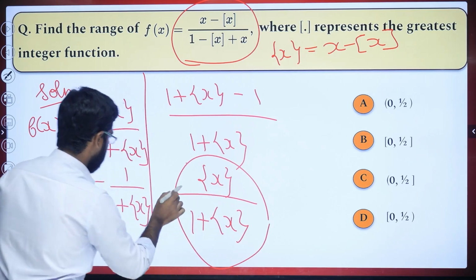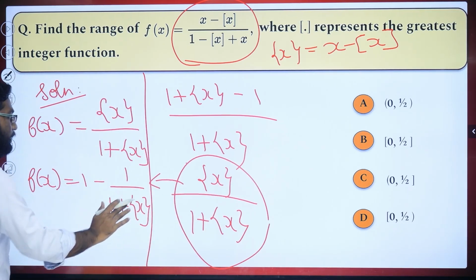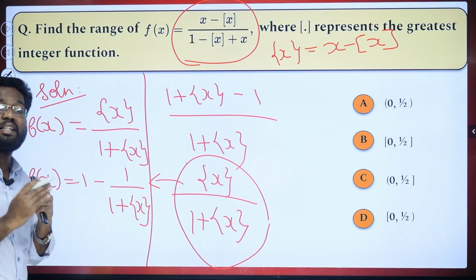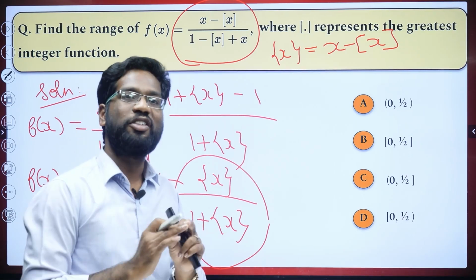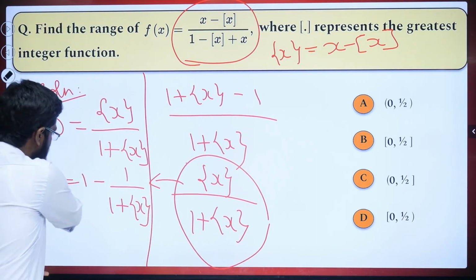So I am getting the same value from this one. This one and this one are the same function. There is no kind of flaw or change there. So now I am going to proceed with this function.